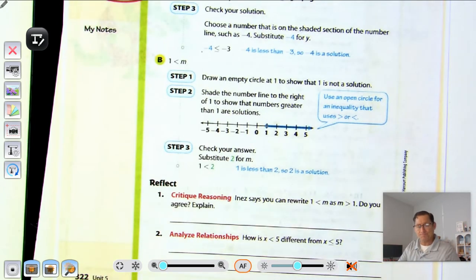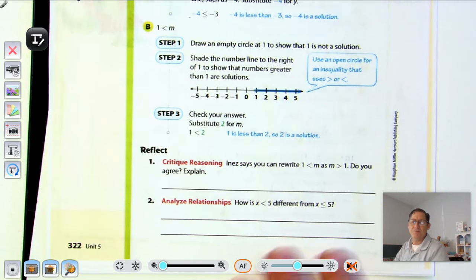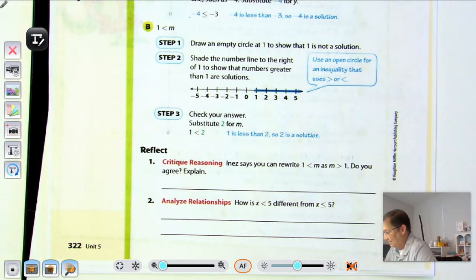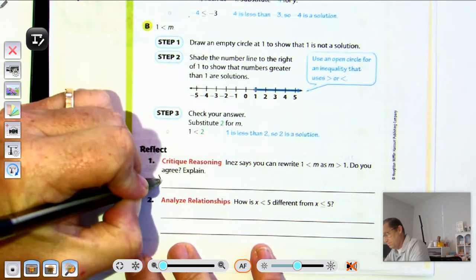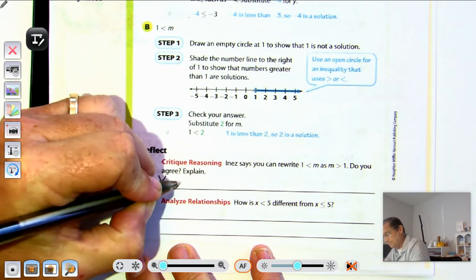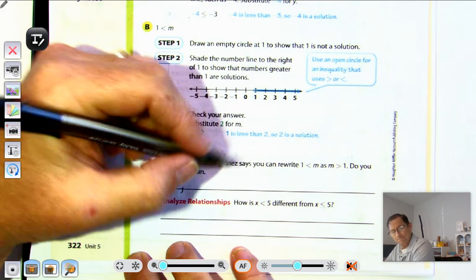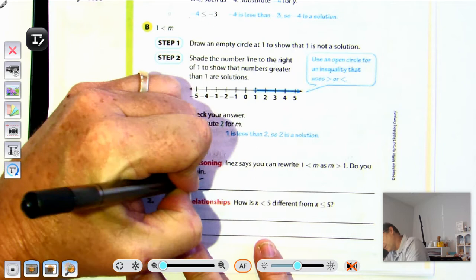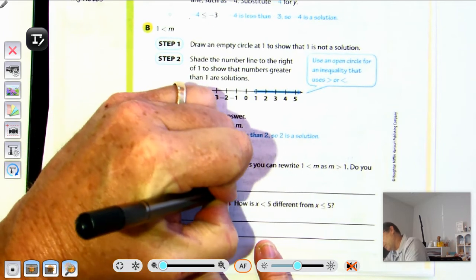So number 1. Inez says you can rewrite 1 is less than m as m is greater than 1. Yeah, that's true. The inequalities are going to have the same solution.